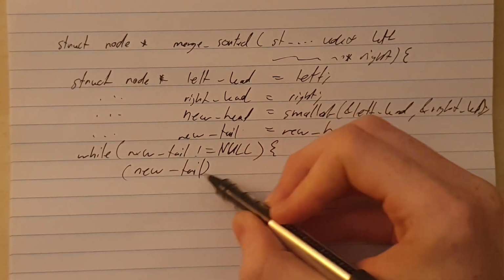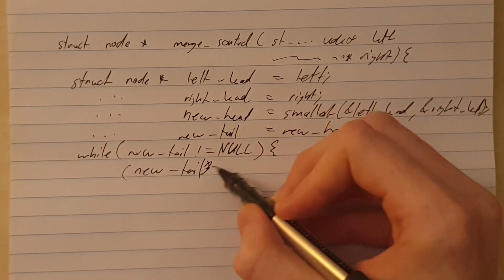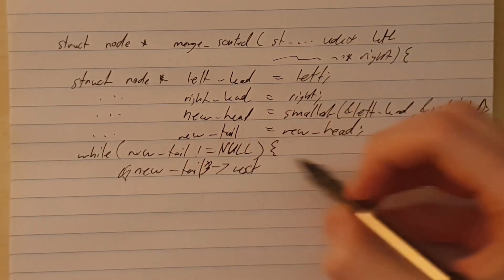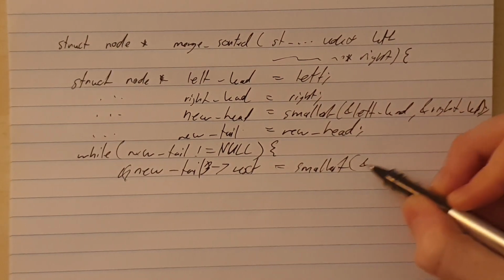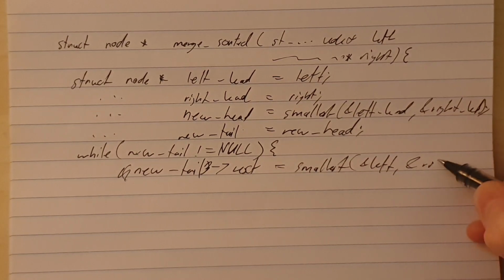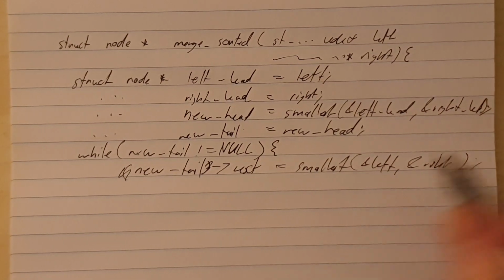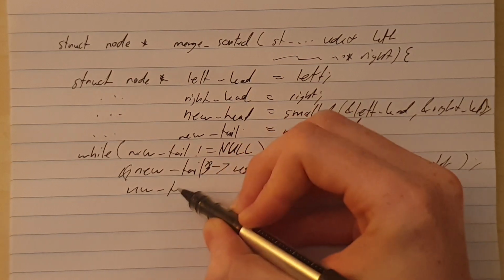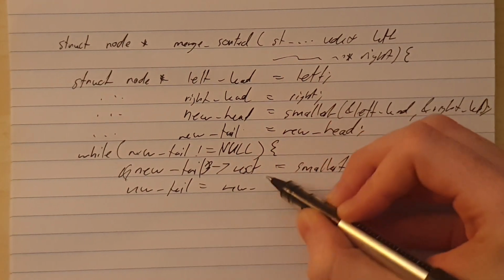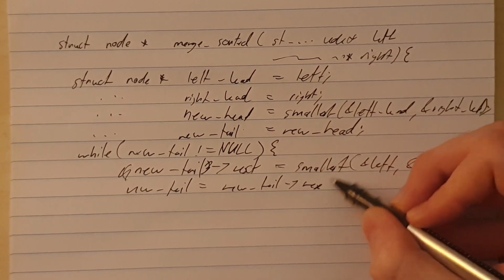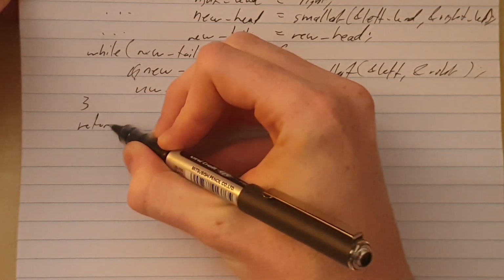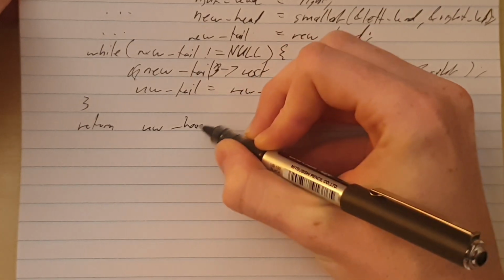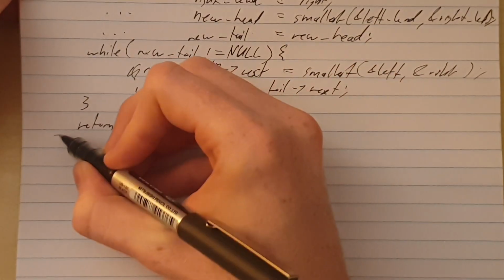So new_tail next, we're going to set equal to the smallest between address of left, address of right. This should be _head there. And then we just want to say new_tail equals new_tail next. So the idea here is that that is the function, and then we just return new_head, which gives us a nice just barely 20 minutes.